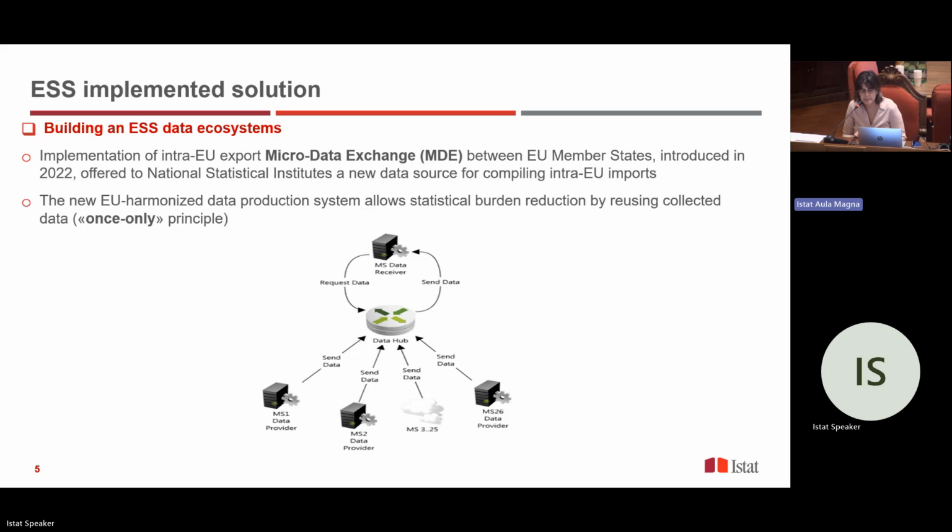And then importing member states can download data which are connected to their imports, and this export microdata can be reused for the compilation of imports by the receiving member state, respecting the once-only principle, and in principle also reducing asymmetry, because for each transaction there's only one data source, no ambiguity, no asymmetries.